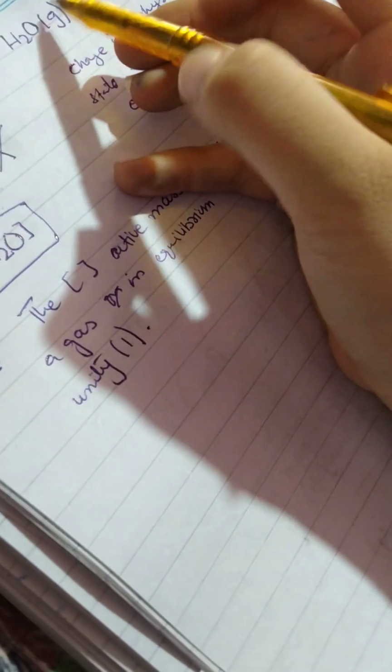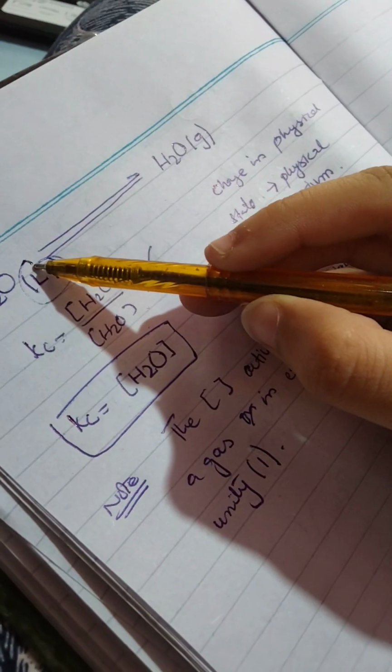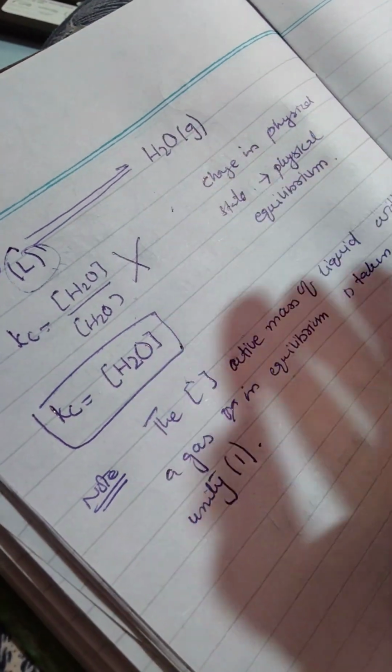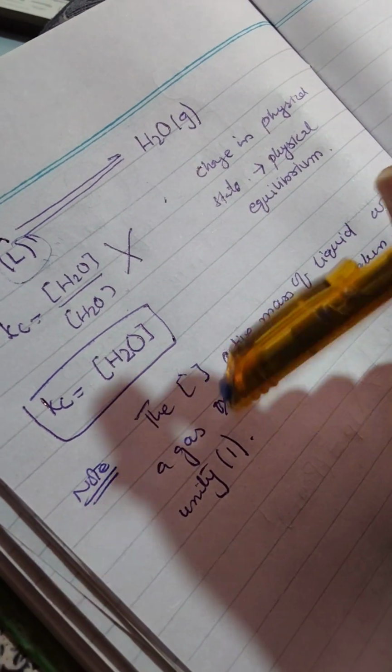So over here we know that this is liquid form. This is liquid, so we will not write this, we will only write the gaseous one. So I hope this is clear to you.